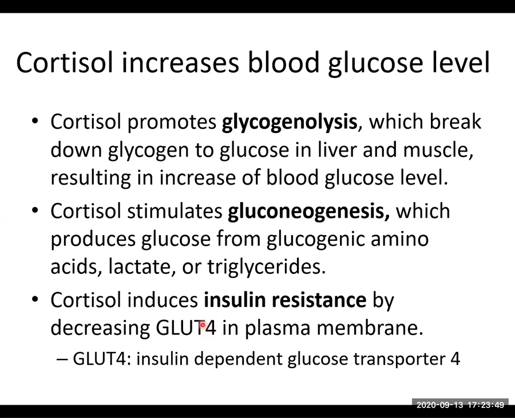If it's going to the cell, it's going to be either stored or used. GLUT4 commonly appears on muscle cells and adipocytes. So we basically don't want to shuttle this glucose through GLUT4 into the muscle and the adipocytes. We want to have this glucose circulating in the blood. So cortisol induces insulin resistance and reduces the amount of GLUT4 in the cell membrane in order to keep the glucose in the circulation.